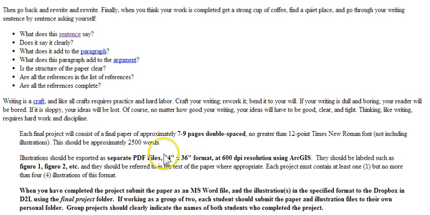In the end, each final project is going to consist of a paper of 7 to 9 pages, double-spaced, and in particular, look at the length here: 2,500 words. If a paper looks really short, I do a word count on it because I want to know how many words you're writing, and you can do that too if you want to see what I'm looking at in terms of length and depth. Length by itself doesn't do anything for you.